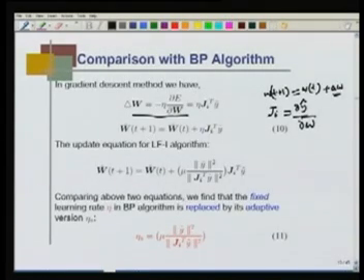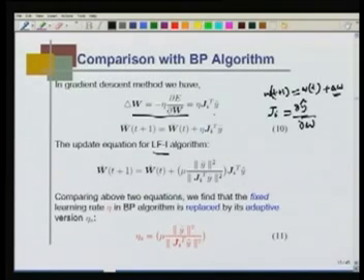Then using the recent algorithm which I called LF1, we got an equation which is w t plus 1 is w t plus mu times y tilde norm square by J I transpose y tilde norm square, into J I transpose y tilde.